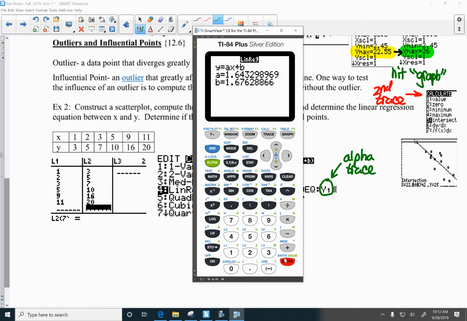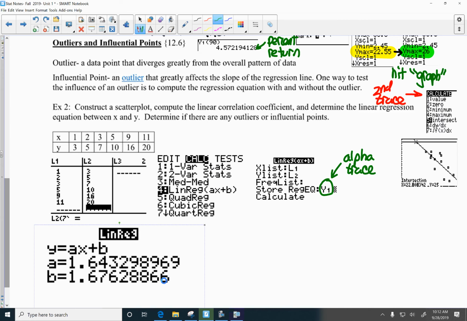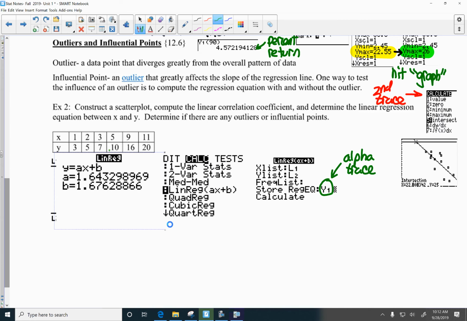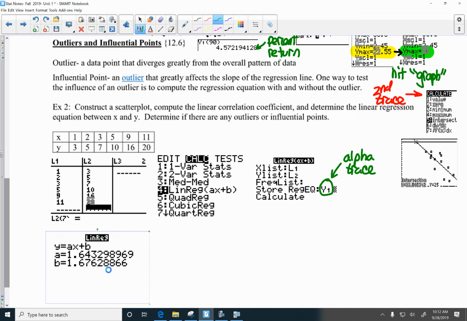So it gives us the regression equation. And we just want that on paper at some point. So just reiterating what I said before, I'm putting all these screenshots in the notes, but all this is happening behind the scenes.